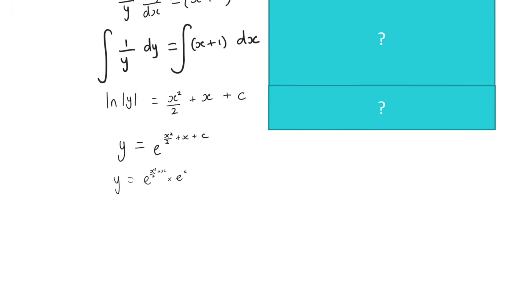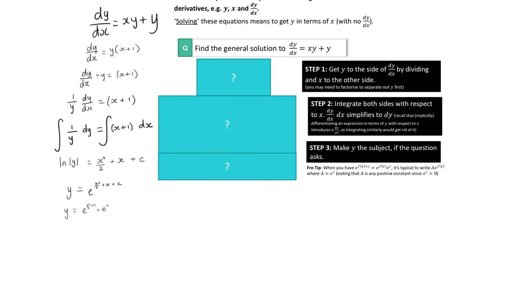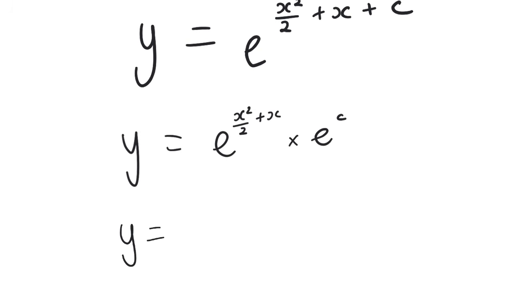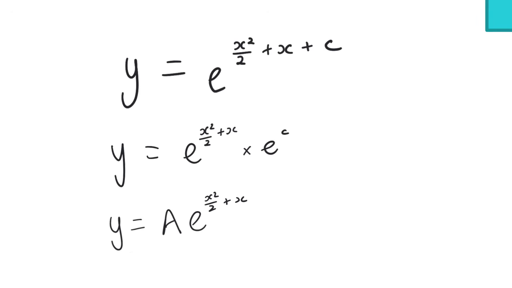Now, we've just got to be careful with this constant. It's typical to write it as, and don't ask me why we do this, if we have an e to the c as our constant, we write it as A e to the x squared over 2 plus x. This does make sense, because when we add indices, that's the same as multiplying, so we can split it up like this.